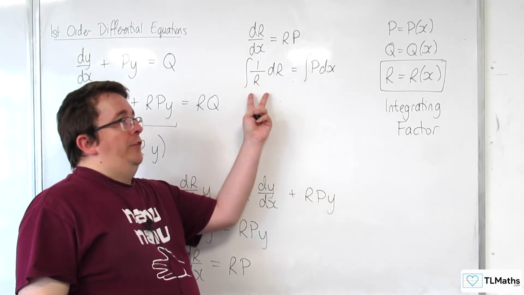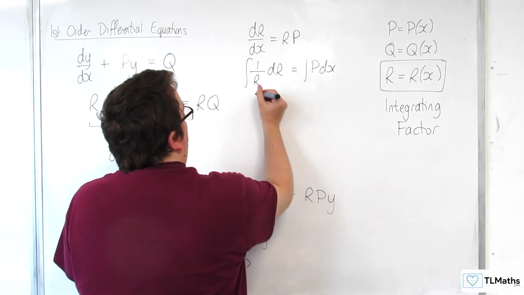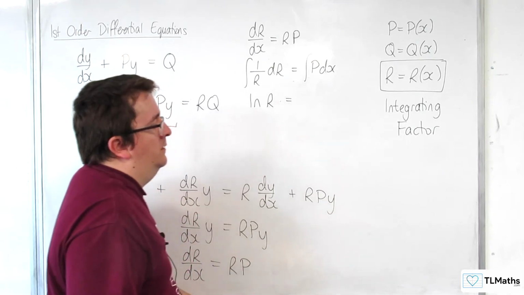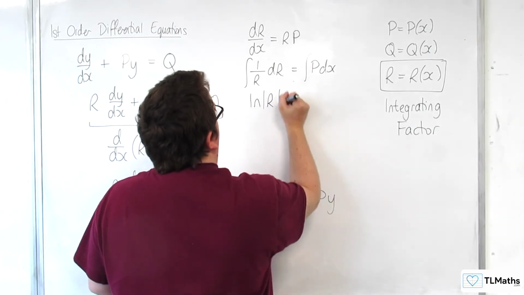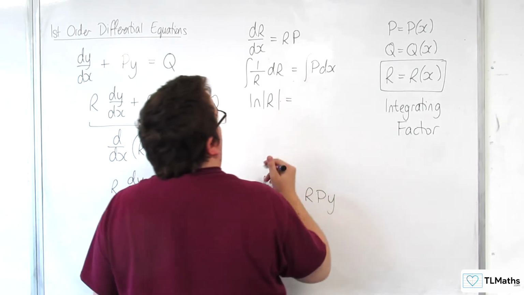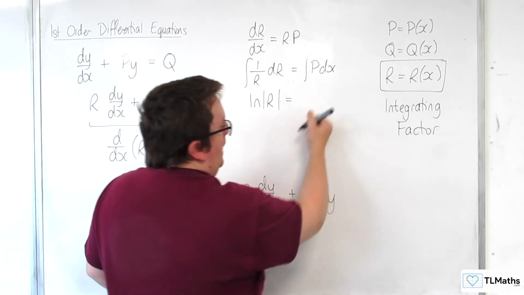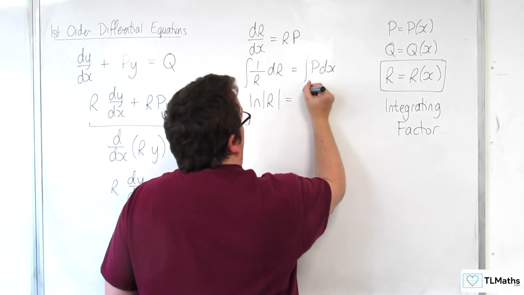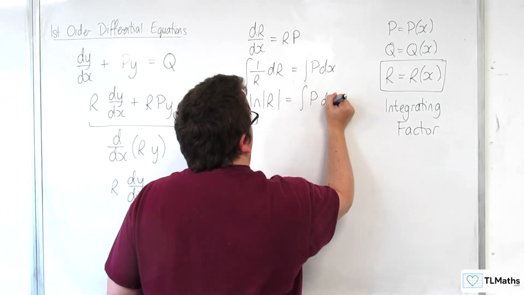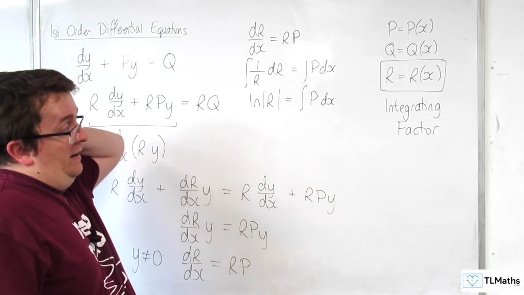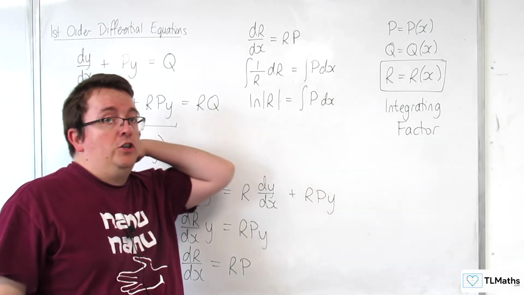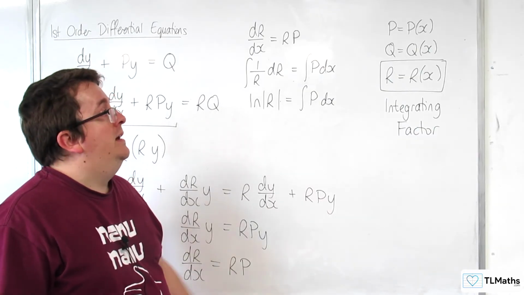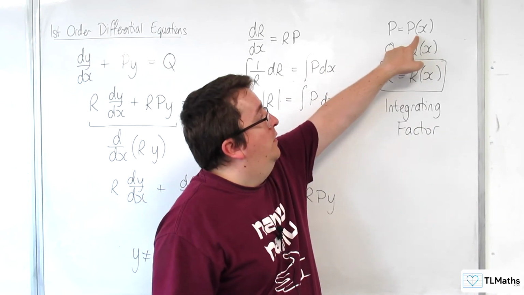So the left-hand side integrates to the natural log of r. Okay, well, I'll put modulus signs around it. And then the right-hand side integrates to, well, I'm just going to leave it as the integral of p dx. Now the reason why I'm going to leave it like that is because, remember, p is not a constant. This isn't p times x plus some constant c. p is actually a function of x.